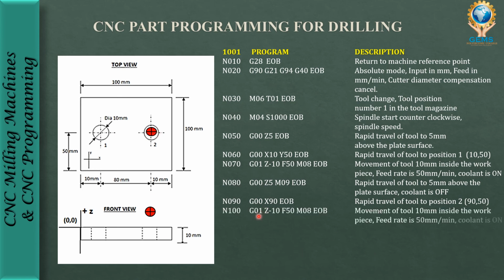Then again I'm mentioning G01 linear interpolation, that is straight line machining, and I'm mentioning Z minus 10 and F50 and M08 coolant on. This is a feed rate. The XY position will be the same. In the Z direction the tool will do machining downwards towards Z minus 10.